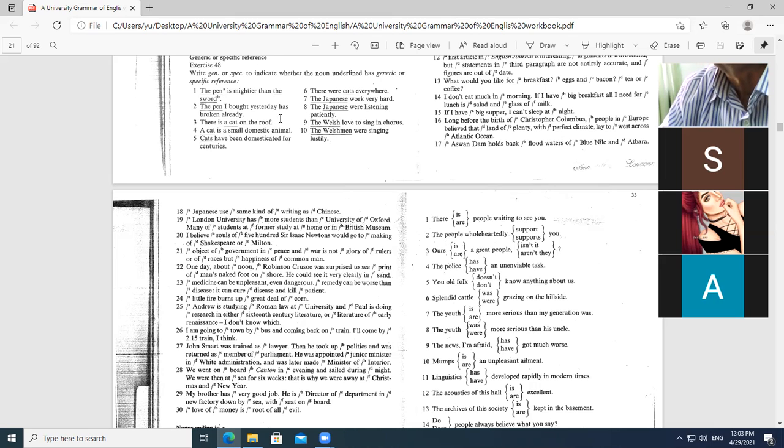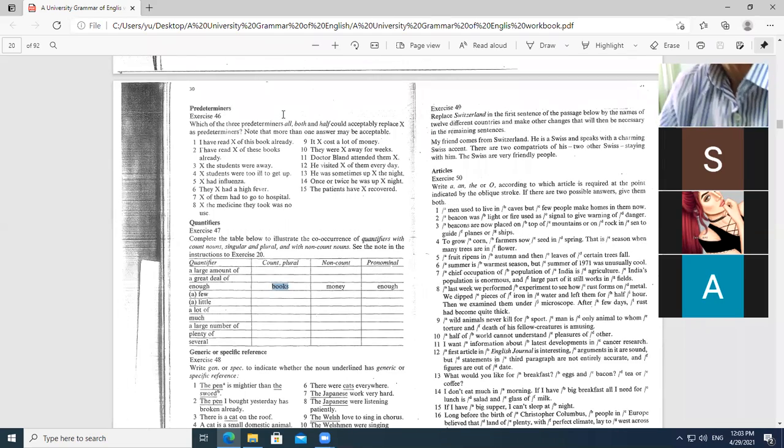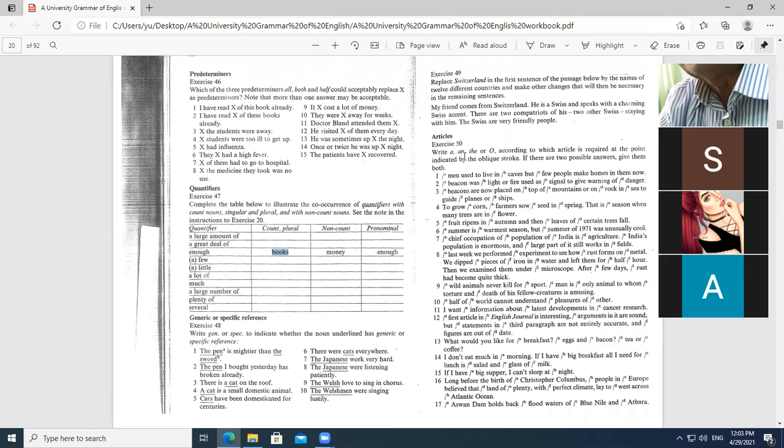Any question about generic or specific references? Okay. Exercise 50, not 49.